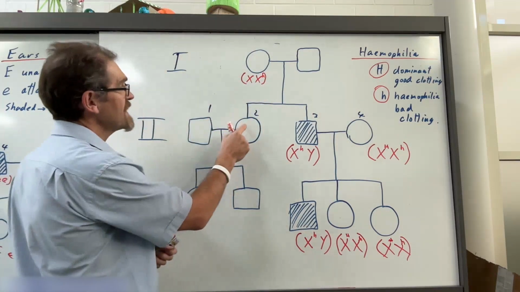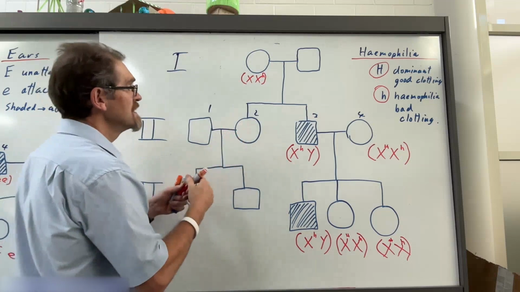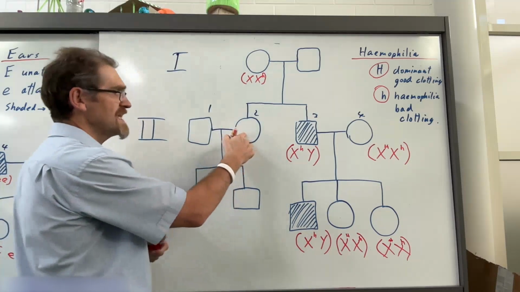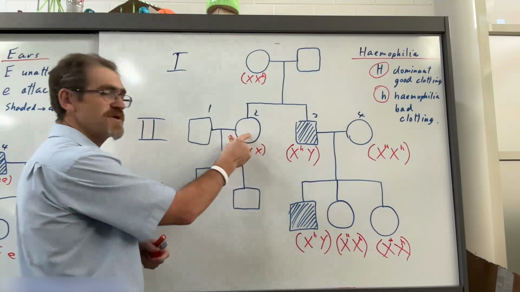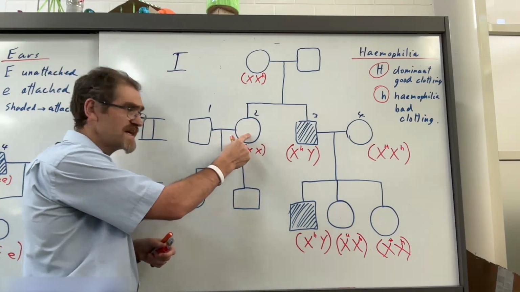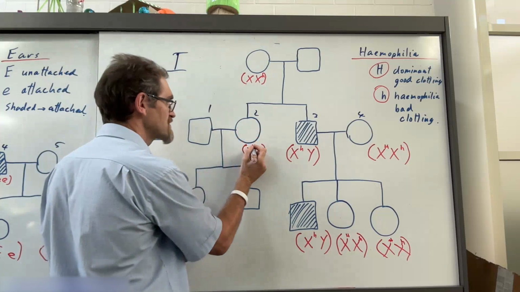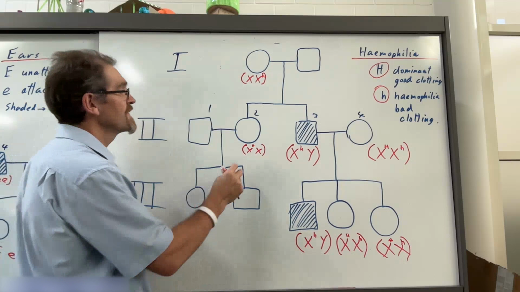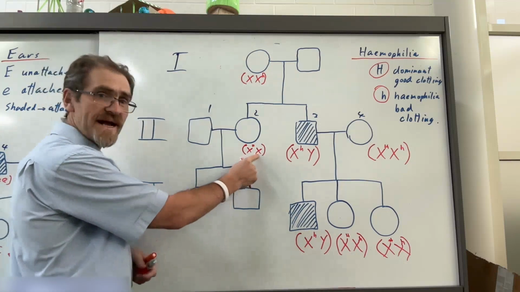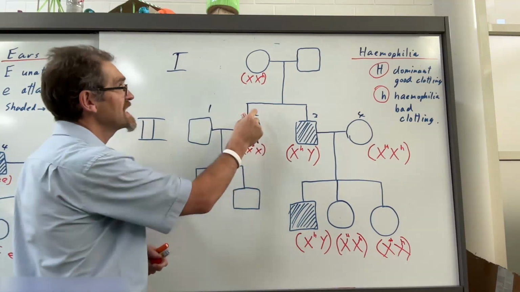We see the mother has had daughters over here, and this daughter here has 2 X chromosomes, and this person is not suffering from haemophilia. So we know at least one of those chromosomes has to be capital H, and the other one could be capital or lowercase.